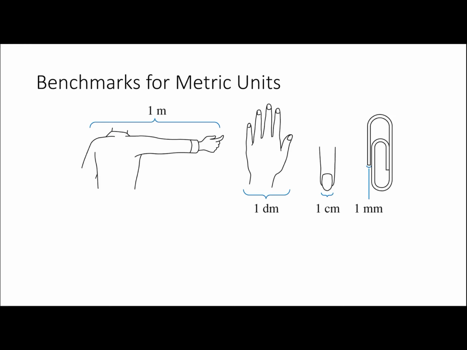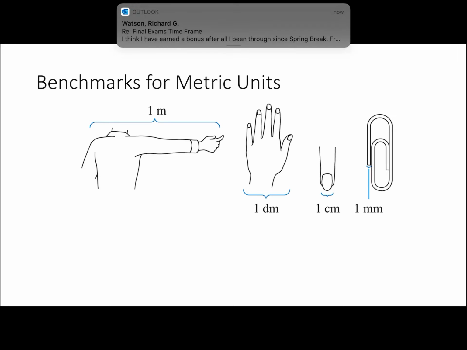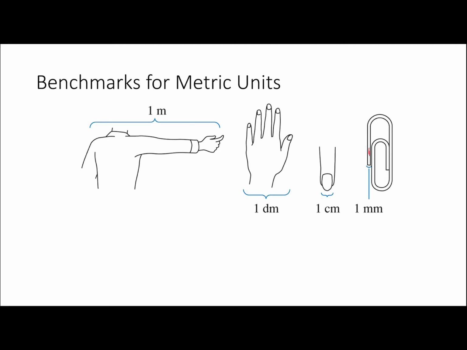And then a millimeter is the width of a paper clip, but just this part. Okay, if you were to take a paper clip and stretch it out where it's straight, then that one part would give you about a millimeter.